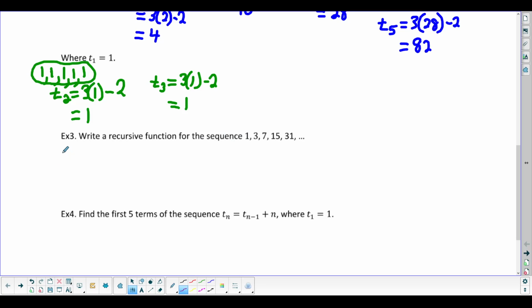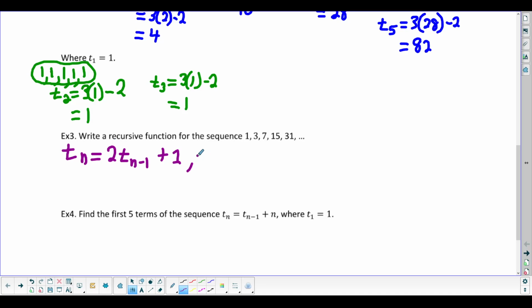So now we have to try to represent it with an equation. So the new term, Tn, is going to be 2 times the previous term plus 1. And if you want, you can fill in a couple of values. Right? So that's our recursive function.